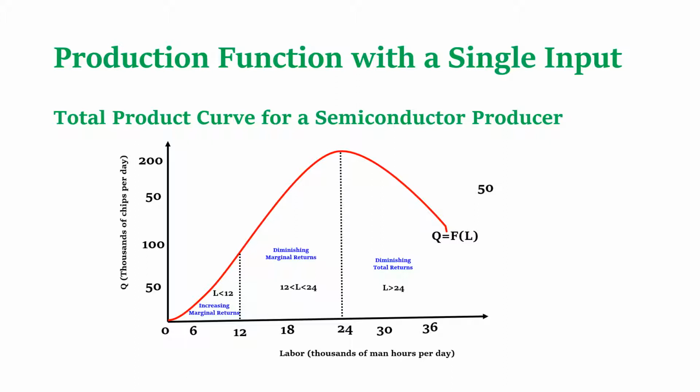As you can see in the graph, the total product curve is convex around that particular region. So over the range where there are increasing marginal returns to labor, the total product curve is convex. That is between L equals 0 and L equals 12.